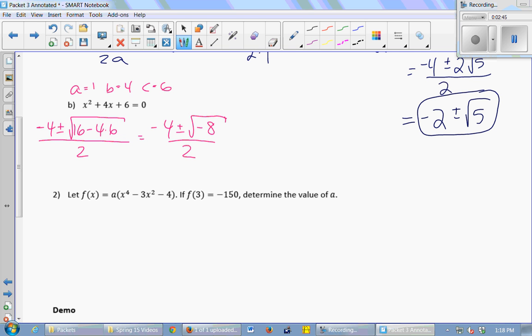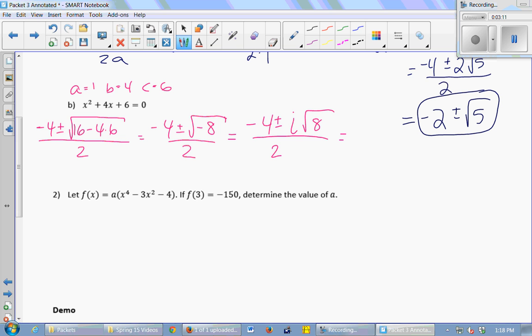And then how do you deal with a negative under a square root? You make it an i. So you pull that negative out of the square root and you call it an i. So this becomes -4 plus or minus i root 8 over 2. And then you could simplify root 8. Think of 8 as 4 times 2, and then take the square root of the 4.